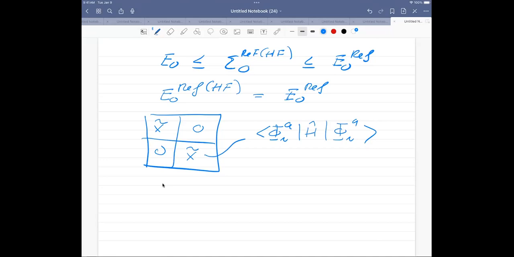We can have hundreds of such configurations, or even millions, because in principle the particle basis goes to infinity, and that means that we can produce an infinity of one-particle, one-hole Slater determinants. But these matrix elements here, the diagonal ones, were given by epsilon A minus epsilon I.